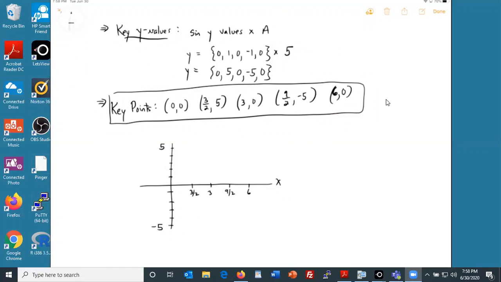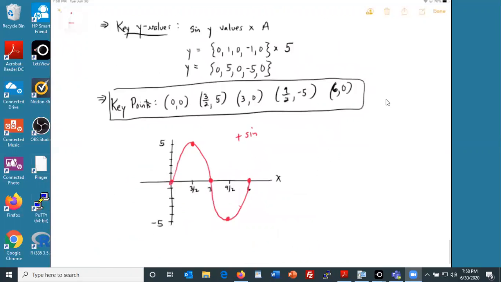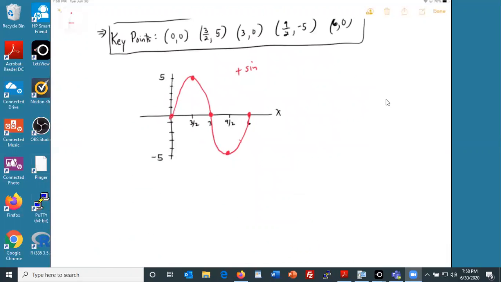And now plot those 5 points nicely. So (0, 0), (3/2, 5), (3, 0), (9/2, -5), and (6, 0). And then that looks like a positive sine function, right? Because the equation, what was the equation? It was positive 5 sine. So it's a positive sine function, but with an amplitude of 5, right?